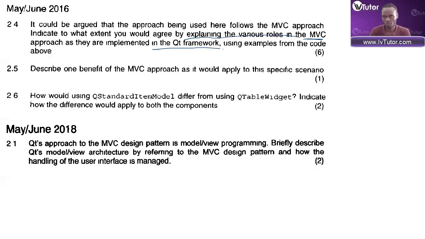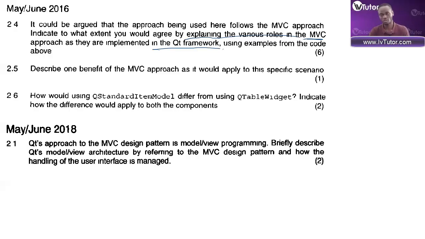So your model is used for handling data, just like in the Qt framework. A model is also used for providing an interface to the data. Your view in the MVC framework is used for presentation, just like in the Qt framework. It's also used for data presentation and editing. And then the delegate in the Qt framework can be seen as equivalent to the controller in the MVC framework.